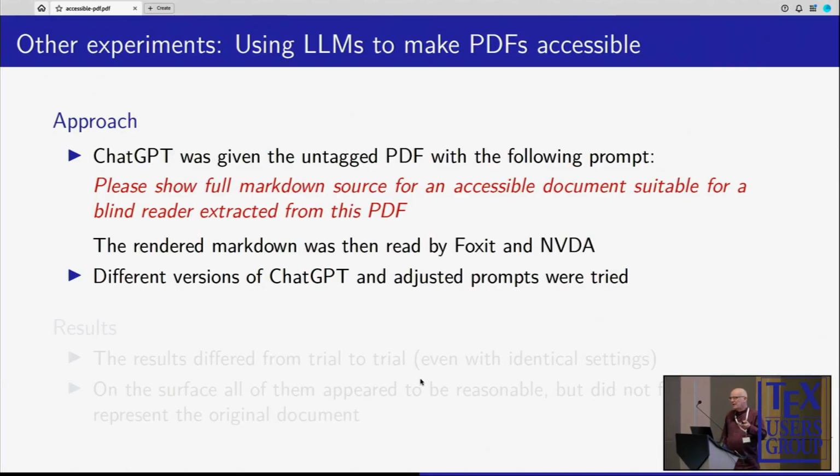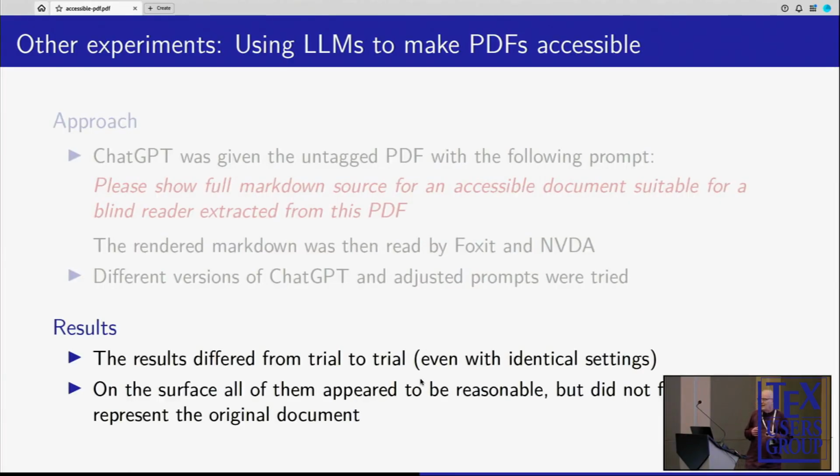That was the request. And the result was not bad. It sounded quite good, but the problem was, first of all, in the nature of LLMs, you got something different every time you retried it. There were rewrites, there were drops.